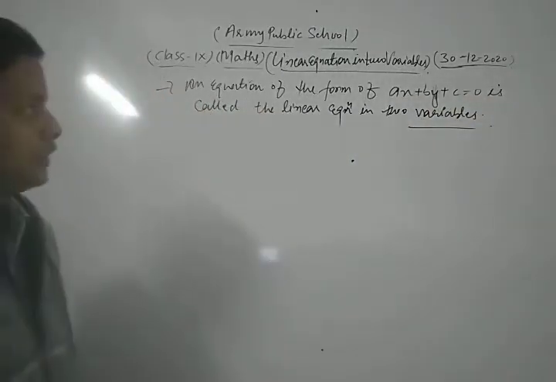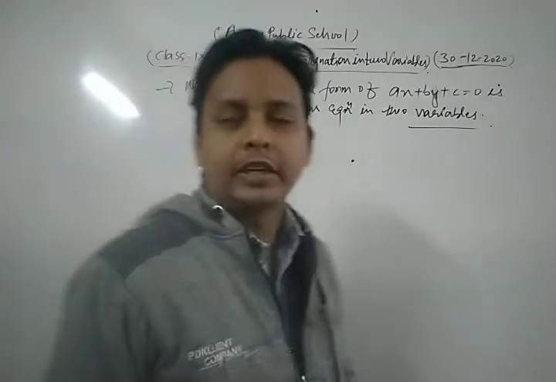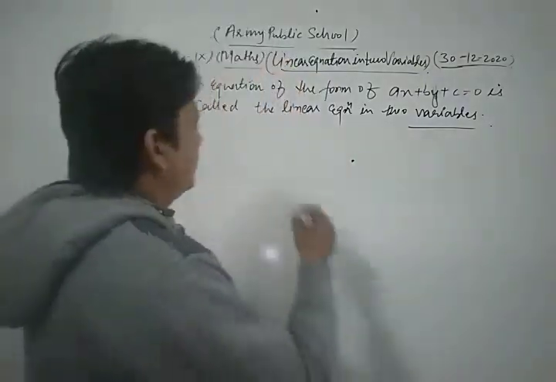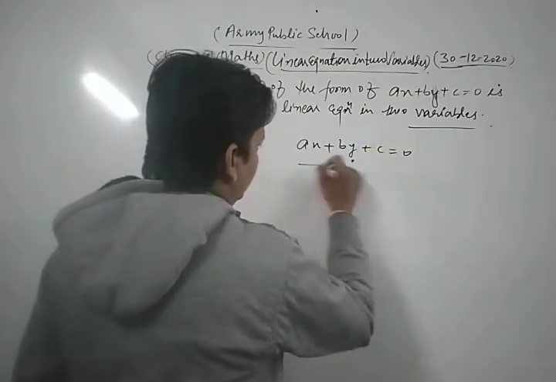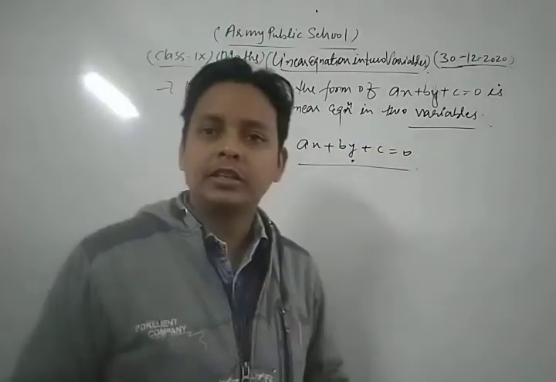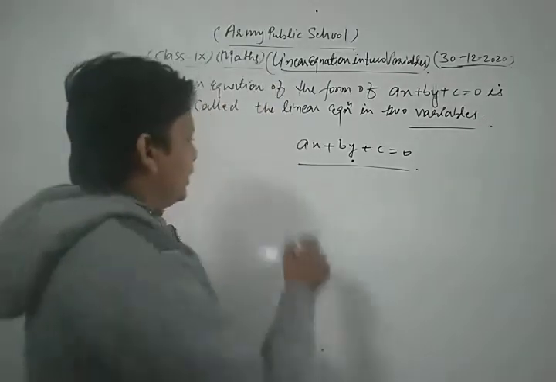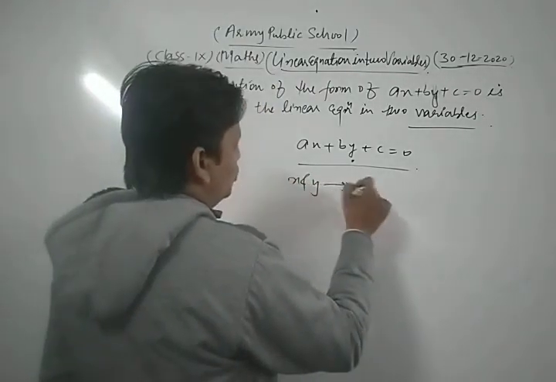Okay, so in this way we can say that any equation in the form of ax plus by plus c is equal to 0 is called what? Linear equations in two variables. Here x and y are two variables.